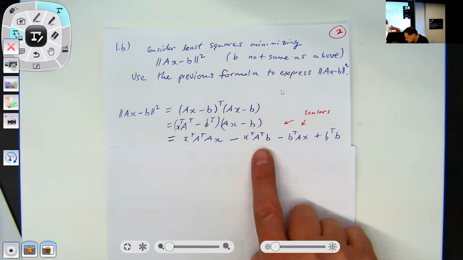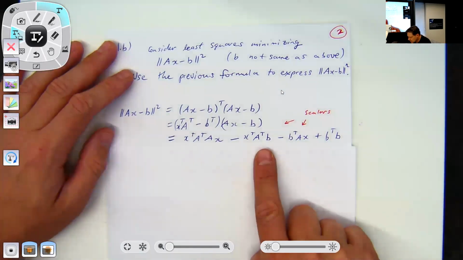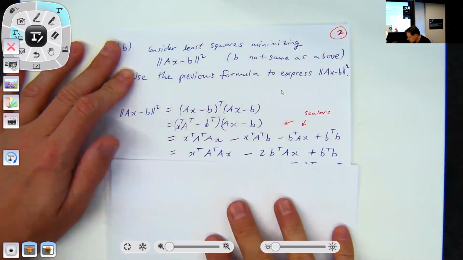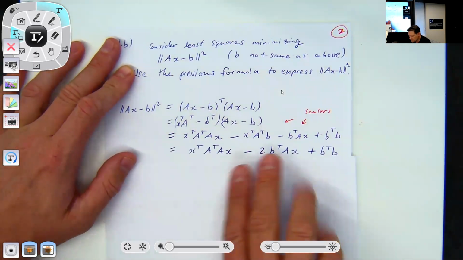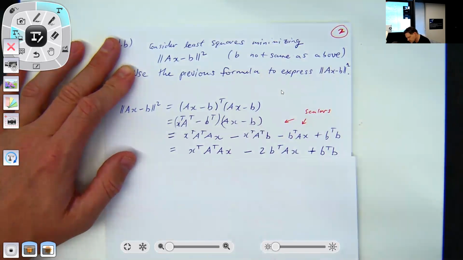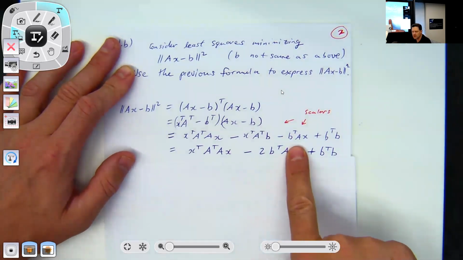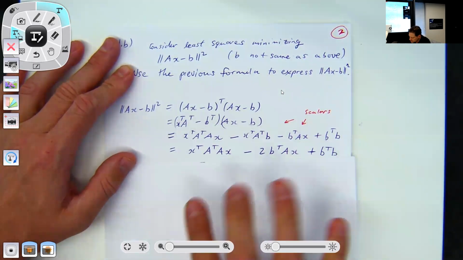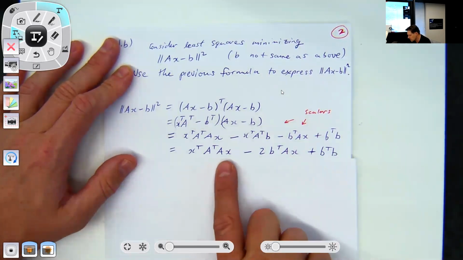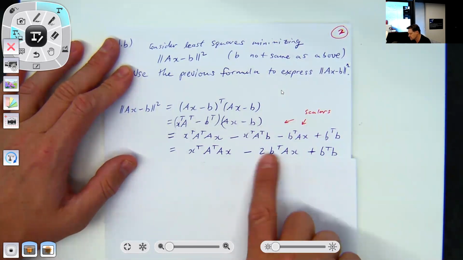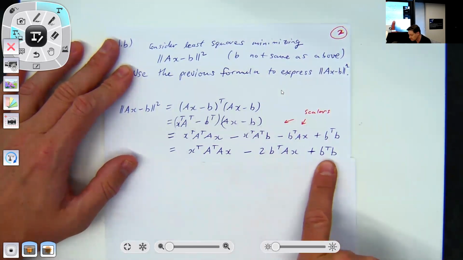I think so. Okay, but they're both scalars. So now noting that those are the same, we want to express in terms of this one because they are the same and scalars, so we can do that. So now we compress that to 3 terms. So we've got X transpose A transpose A times X, and then minus 2 of these, and still plus B transpose B.